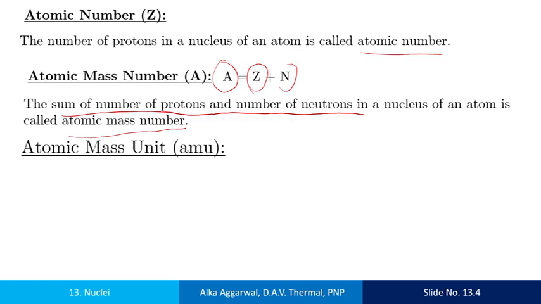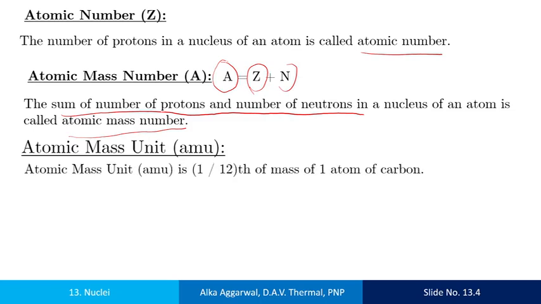Atomic mass unit, that is 1 AMU, is defined as 1/12 of the mass of one atom of carbon. As you know, 6.023 into 10 to the power 23 atoms is equal to 12 gram.